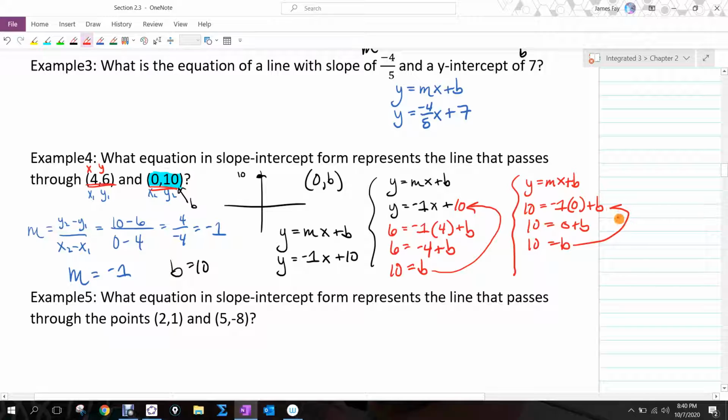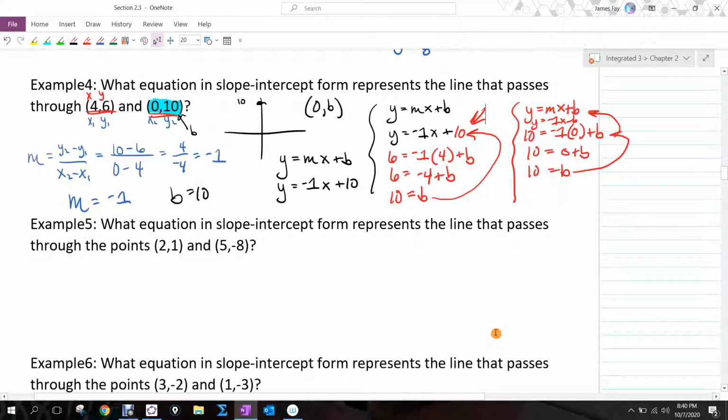And come back up. Should have wrote it as y equals -1x plus b there. If I come back up to that, just like I did right here, plug b back in as 10, and I've got my equation. There's actually another way, which we'll get to in the next couple sections on how to do that.